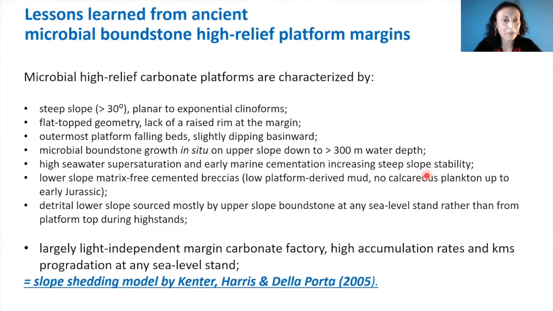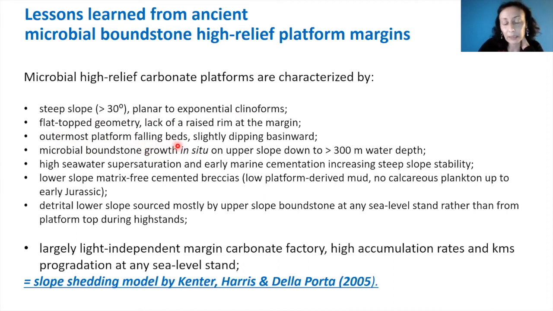So I have gone through several case studies from the late Devonian to the lower Jurassic that show similar features, and they are all high relief carbonate platforms dominated by microbial boundstone on the upper slope. The slope is steep, nearly 30 degrees, with planar to exponential clinoform. The platform top is flat without a raised rim, and the outermost platform we can define as falling beds.